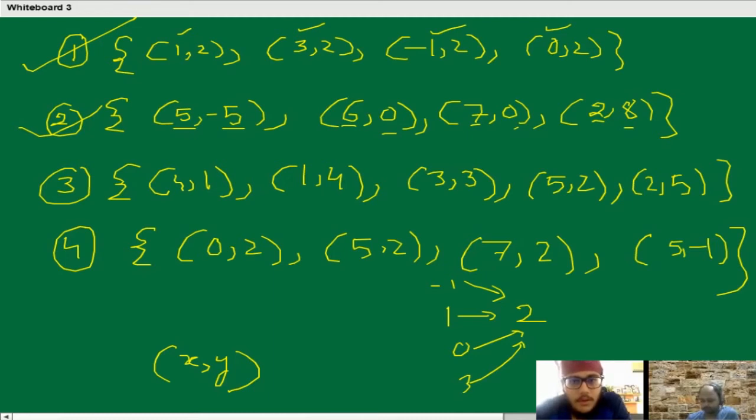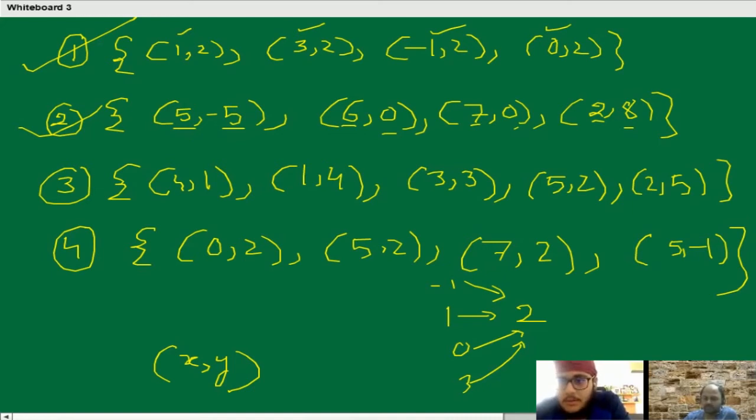Because the x value of this one is 4 and then y is 1, and this one is 1 and that's 4, and then 3 and 3, then 5 and 2.